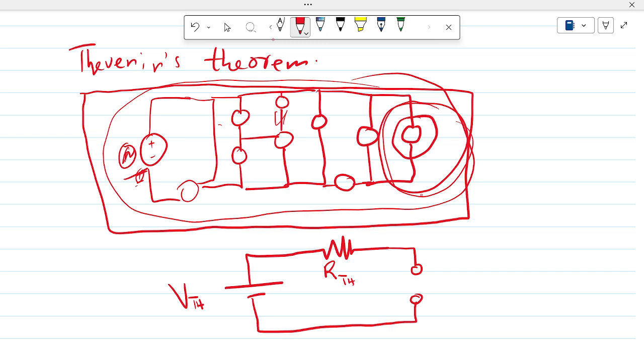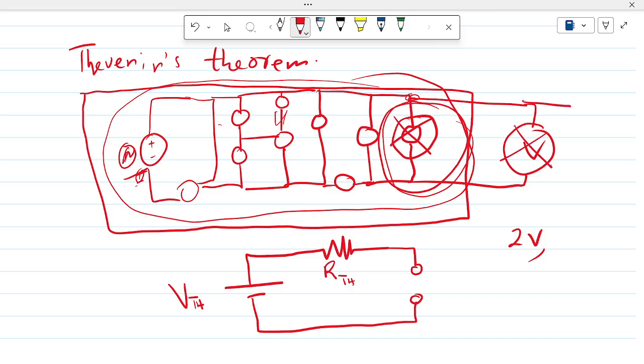Okay, so this is what Thevenin says. We can take out our bulb and put a voltmeter here. Then we measure the voltage and write it down. So that voltage becomes our Thevenin voltage. After that, we put an ammeter here. You measure the current and put it down.